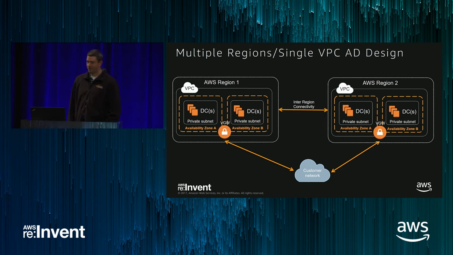Okay, very awesome feature. So if you have a global operation, you have resources in the United States and resources in Asia or resources in Europe, you can create this peering point between VPCs cross-region and not egress to the public internet.